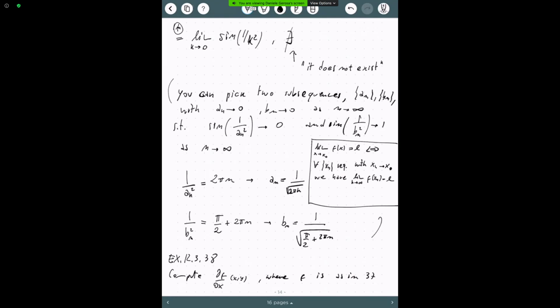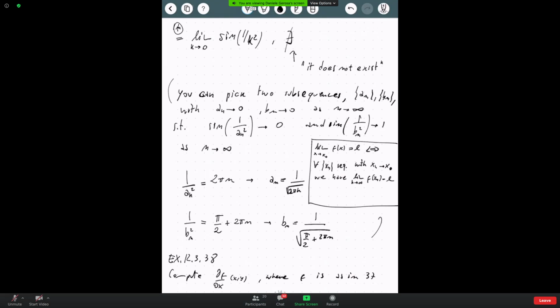As I said, it's enough to have two, so you have freedom to select them as you want. If you want to show that something does not exist, you pick two different sequences such that they will lead you to different limits.